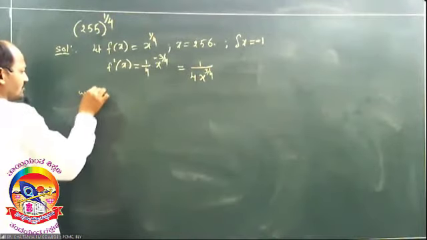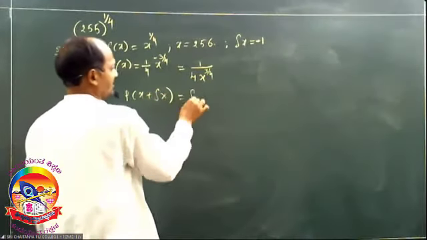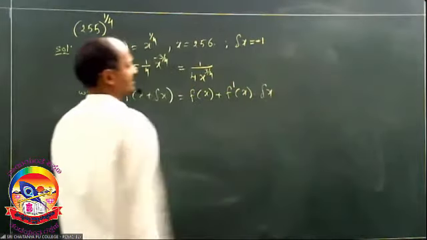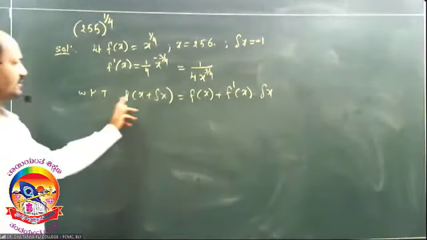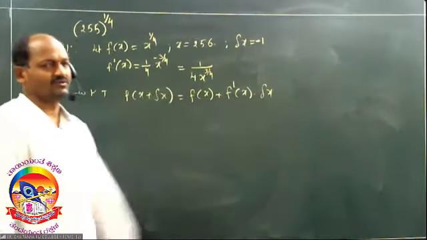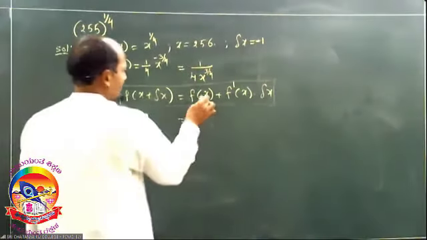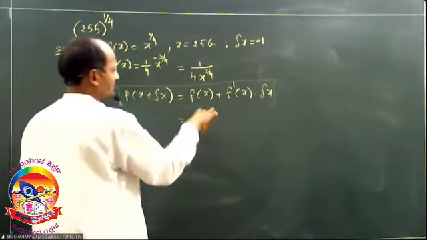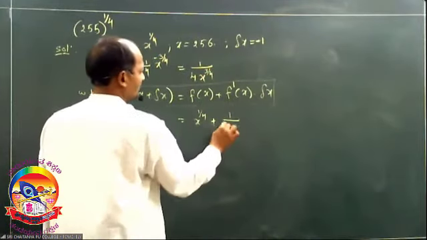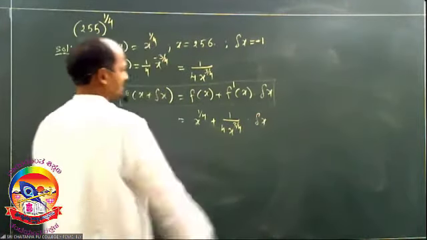We know the formula: f of x plus delta x is equal to f of x plus f dash of x into delta x. So here f of x is the fourth root of x, and its derivative is 1 by 4 x power 3 by 4 into delta x.